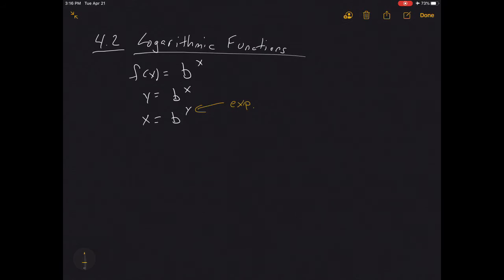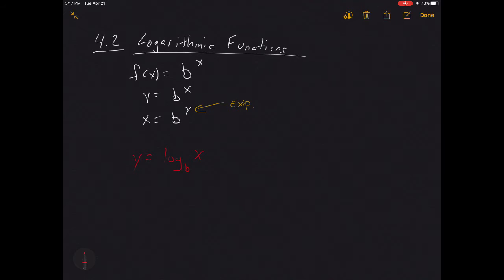Well, a log literally is an exponent. We're going to come up with another way to write y. So here's what we're going to write. We're going to say that y is equivalent to the log of x base b. And that's how we say it. That b is like a subscript of the log. The log itself is an operator.